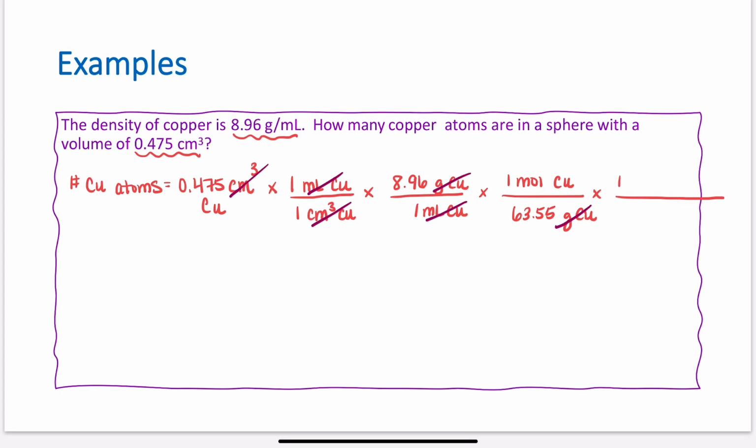And now that I'm in moles, I can use Avogadro's number. 6.022 times 10 to the 23rd copper atoms every 1 mole of copper. Calculate this out, and I get 4.03 times 10 to the 22nd copper atoms.